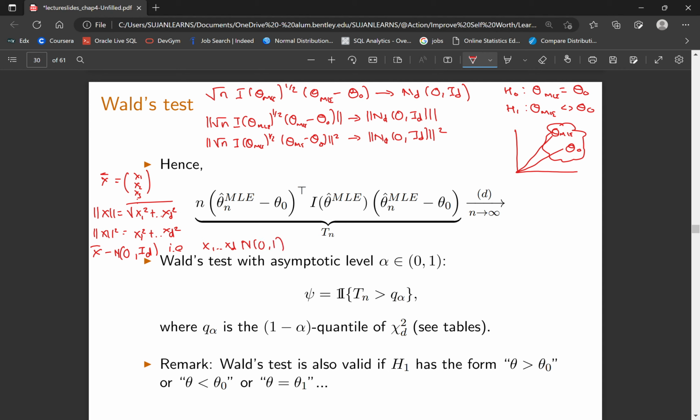Our standard normals, X1 through XD, are standard normals. That is what we know.